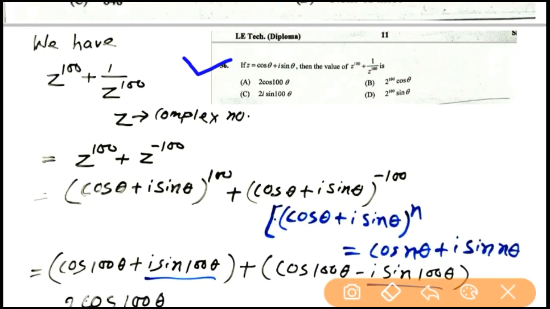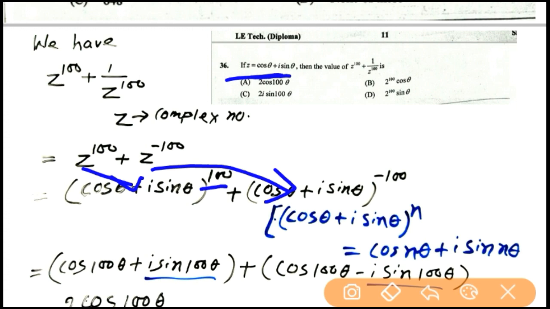In the next question we have, if z = cos theta + i sin theta, then the value of z^100 + 1/z^100 is. So we have z^100 + 1/z^100. Z is a complex number. So we can write this as z^100 + z^-100. Now we put z = cos theta + i sin theta, which is already given.